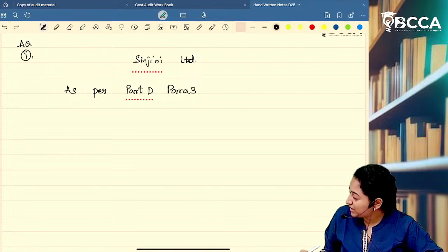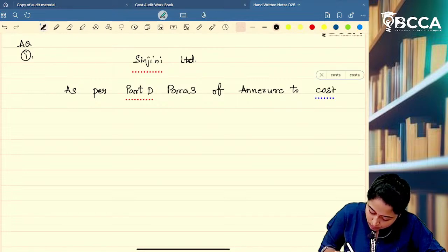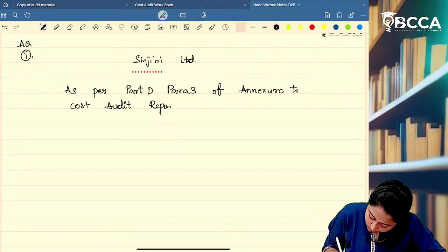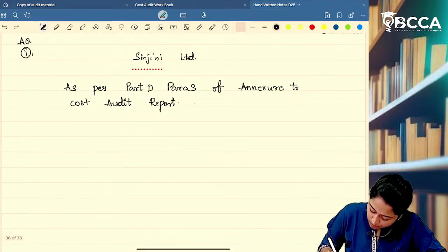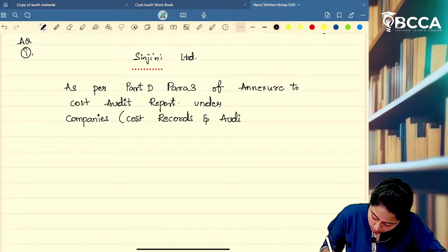As per Part D, Para 3 of the annexure to the cost audit report under the company's Cost Records and Audit Rules 2014.